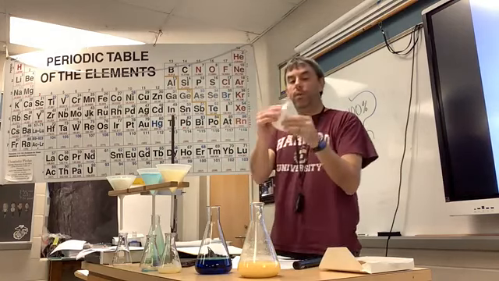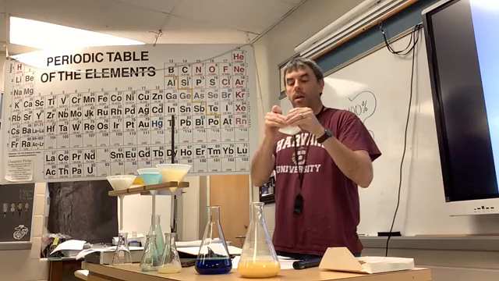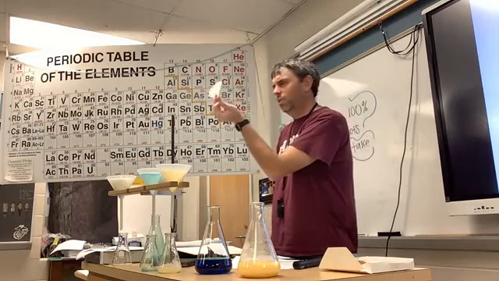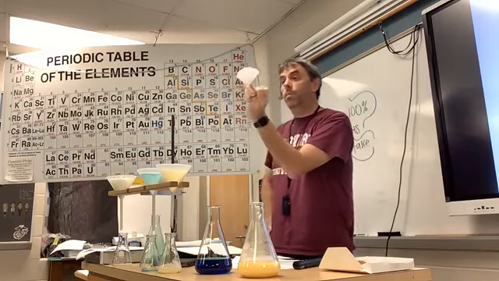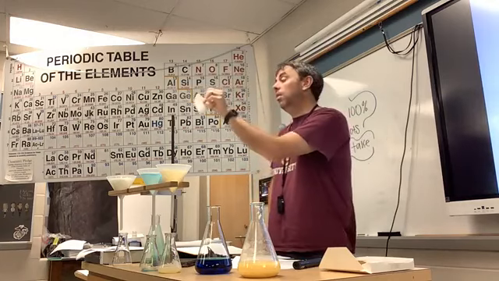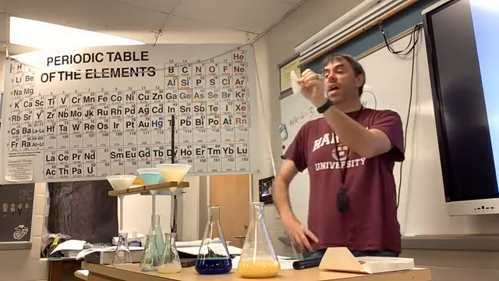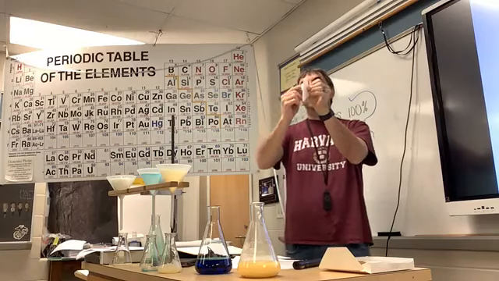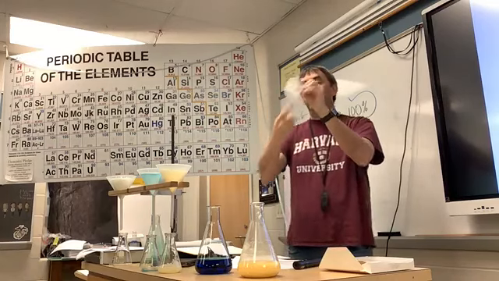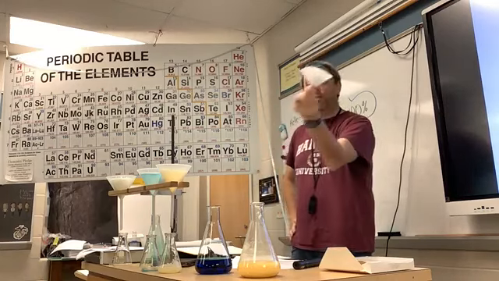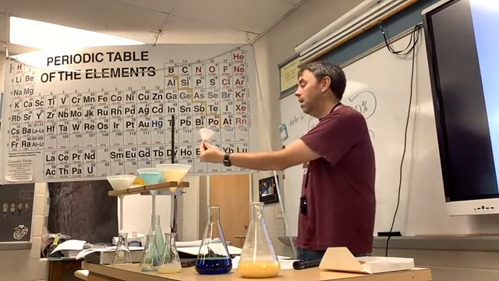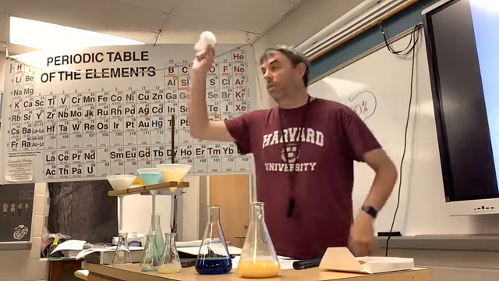Fold it in half twice. And now it looks like, what does that look like? Slice of pizza. Doesn't look like a cone. Yeah, I'm going to do this from your view. Then you are going to pull out one tab, like so, and now I have a filter that can go down into the funnel.